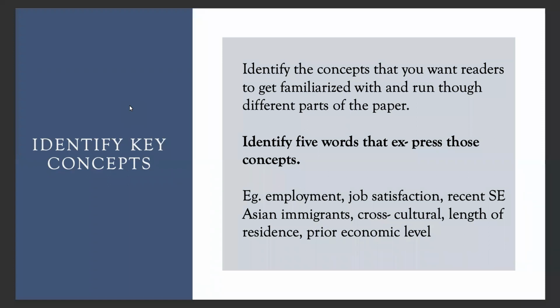Also, keep in mind that you should not introduce too many key concepts on paper. If you do that, then some of the terms might become redundant, or you are not carefully using the idea of key concepts.